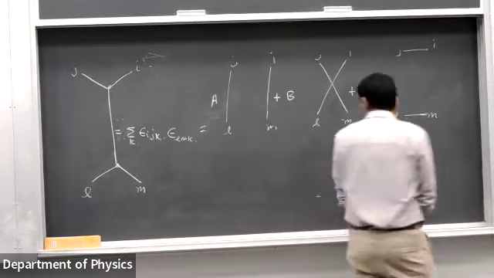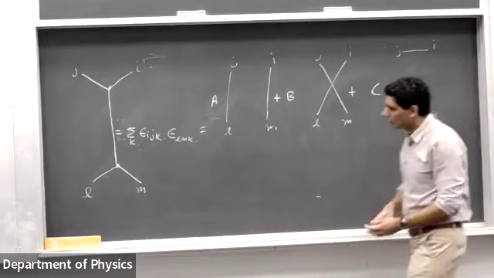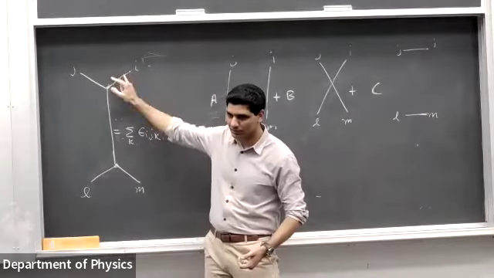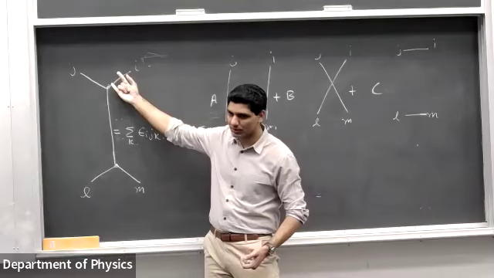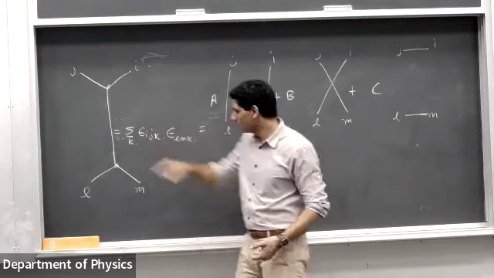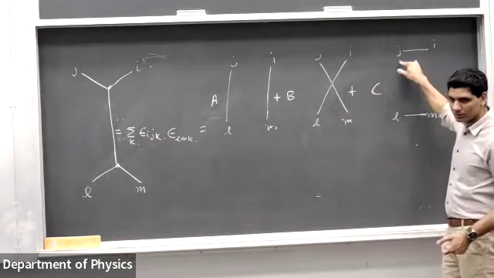So I will start by looking at this term over here. On the left hand side, you see that if I flip i and j, I should pick up a minus sign. That's just the nature of this object. I'll look at these terms as well, but look at this term, for example.